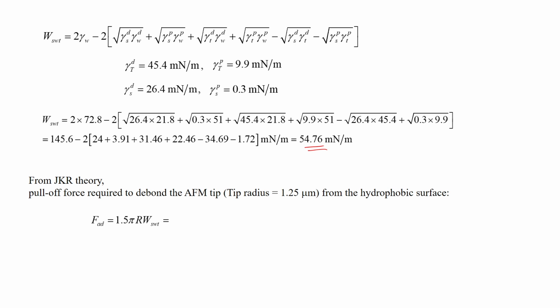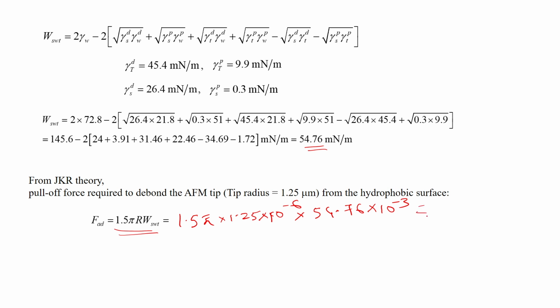From the JKR theory, the pull off load I have calculated earlier to be 3 by 2 pi R W. So this is the pull off load that we have shown earlier. You use the value over here, so it will be 1.5 into pi into 1.25 into 10 to the power minus 6 meter, into 54.76 into 10 to the power minus 3, millijoule per meter square, millinewton per meter.